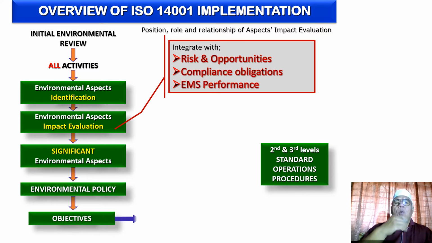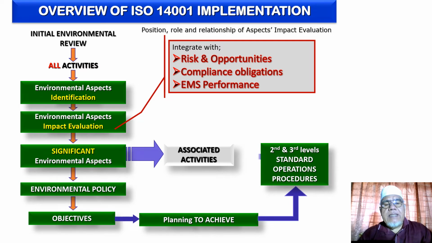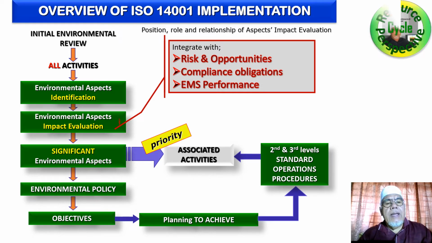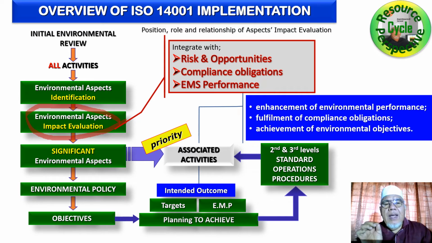Okay, now what we are doing here is still in this particular phase. We are still here. Look, aspects, impact evaluation. This is among the most important and crucial steps. As you could see, a summarized chronology of the implementation of ISO 14001 is given before you. We have done identification of environmental aspect. What is this process called?